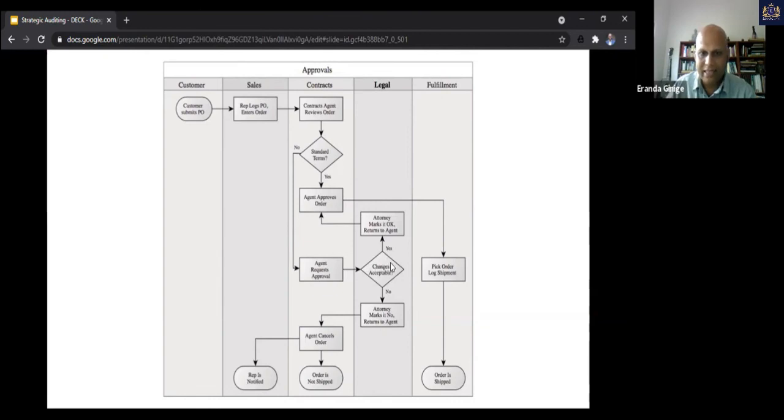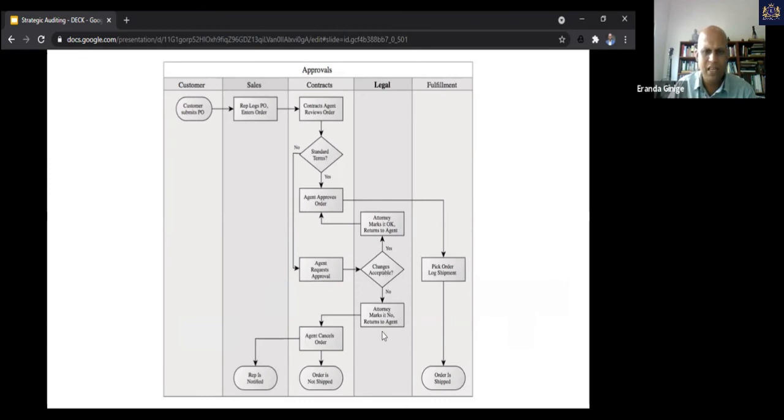Then if the changes are acceptable, then here it says attorney Mark is okay. Somebody who is responsible from the legal department says, okay, fine, this request can go ahead, and then it gets approved, right? And if the agent approves, then it goes to the order fulfillment, order is shipped, right?